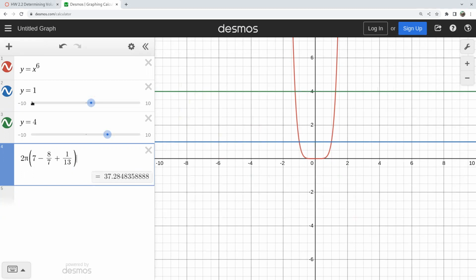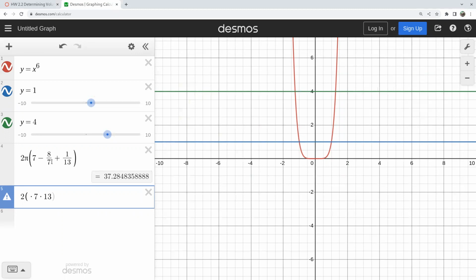Now I'm going to double check that in a couple of ways. I want to clean this up a little bit. And my common denominator is 7 times 13. So I'm going to pull the pi out of that for a minute. Actually, I can just come over here and do that. So I'm going to keep the 2. And then for a common denominator, I'm going to have to multiply that first 7 by a 7 and a 13.